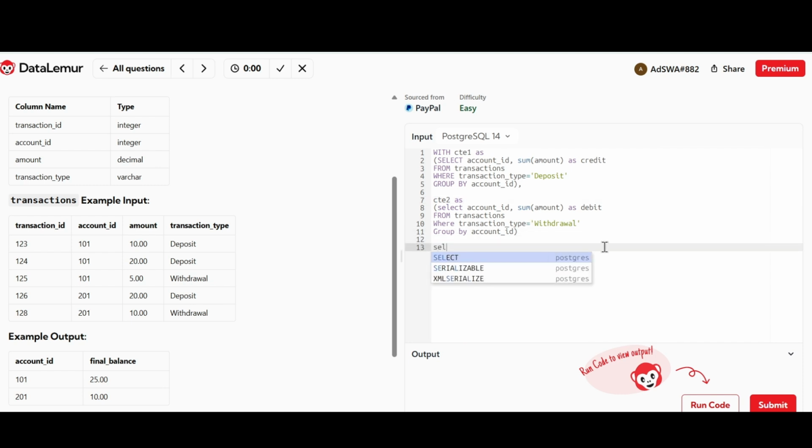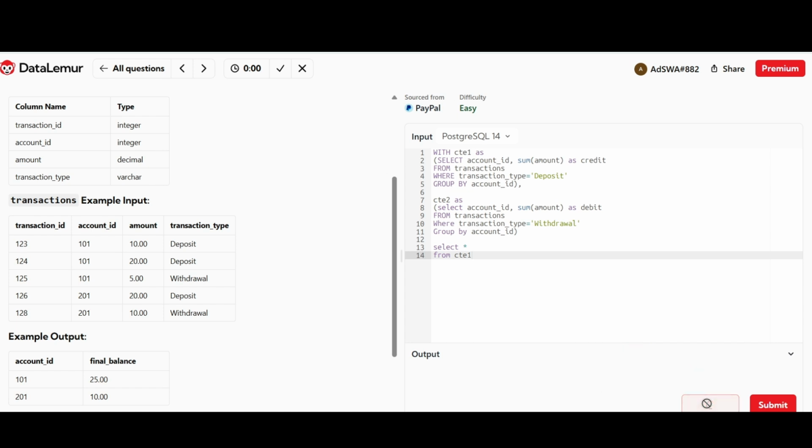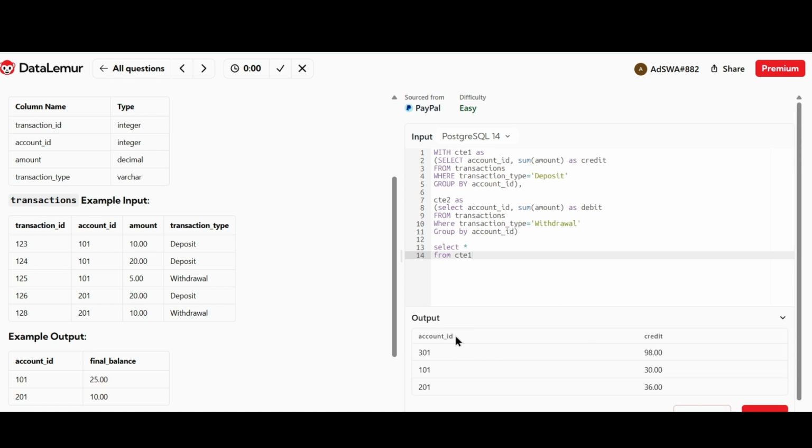So select star from CTE1. Let's see what is happening. Account ID and credit. And now for CTE2, okay, we are good.